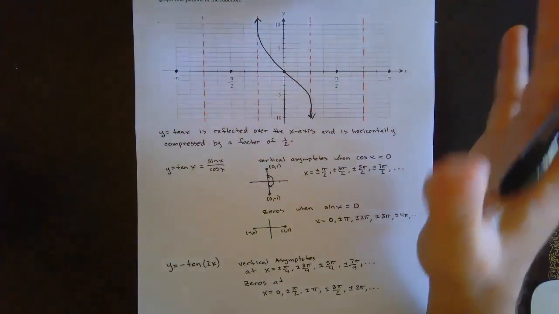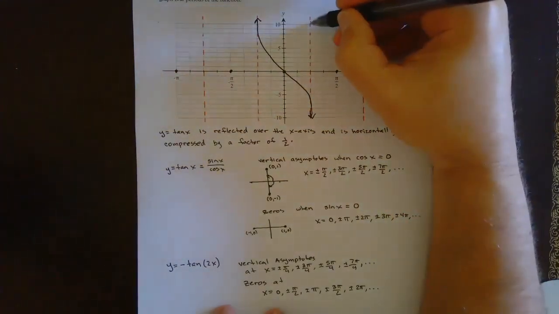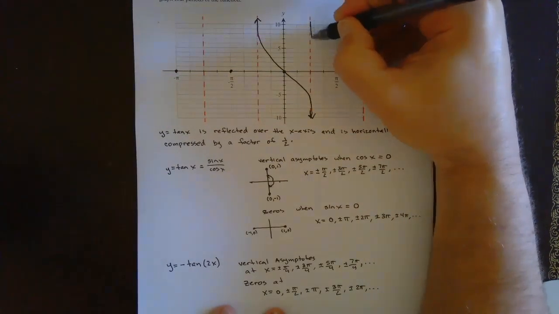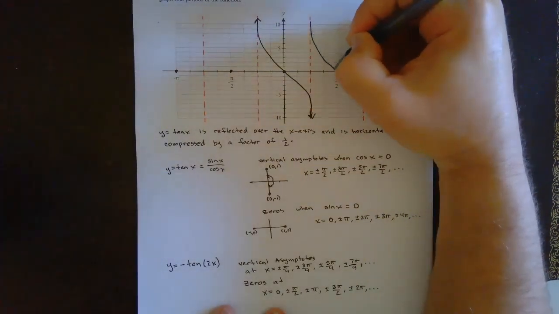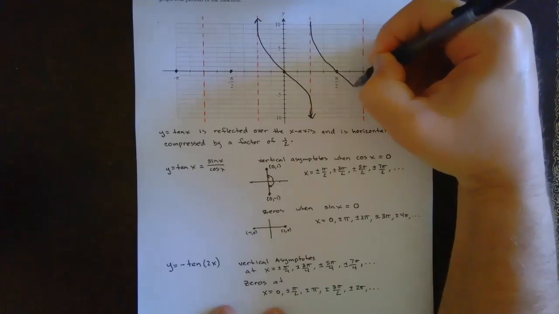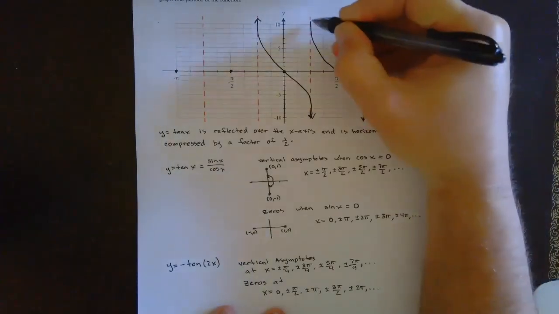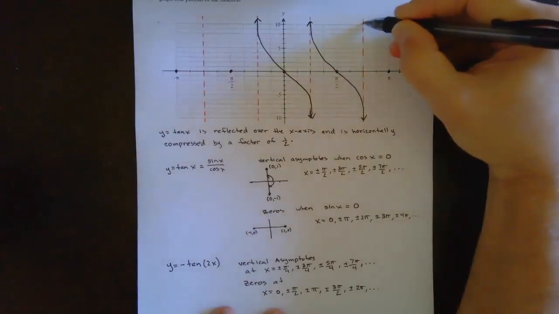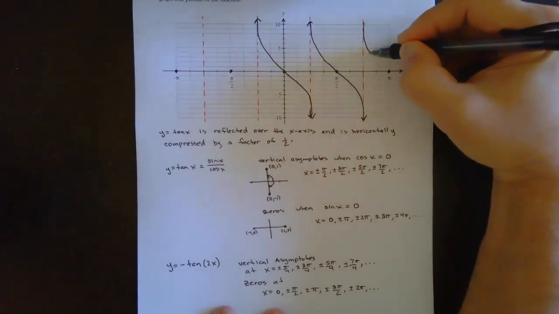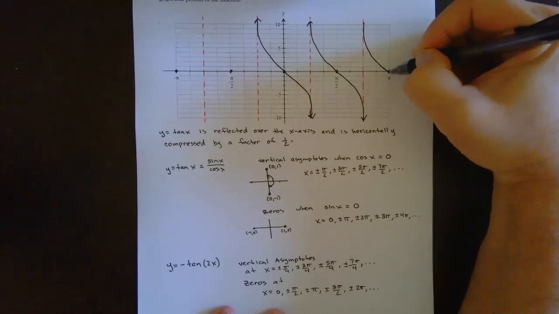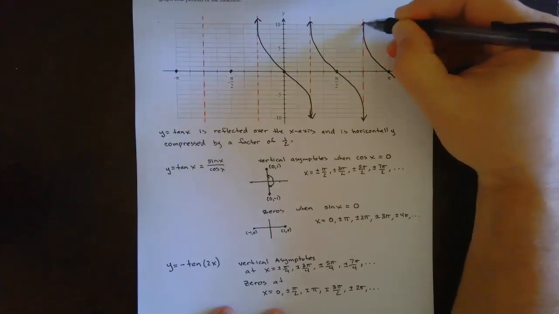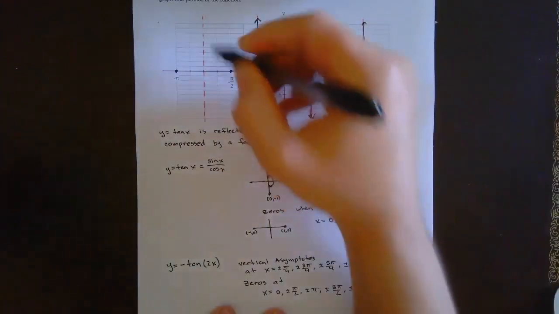It has a period of pi, not 2 pi. So we come down through this point and then down along that vertical asymptote. Same thing here with this one, but it's not going to be a full complete one. It's going to look something like that.